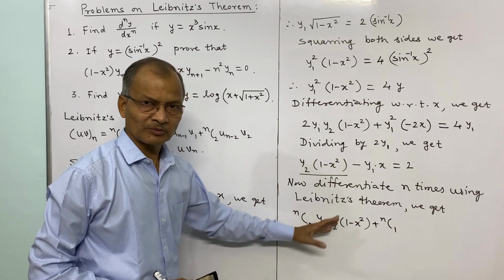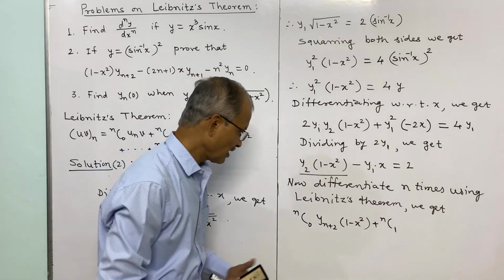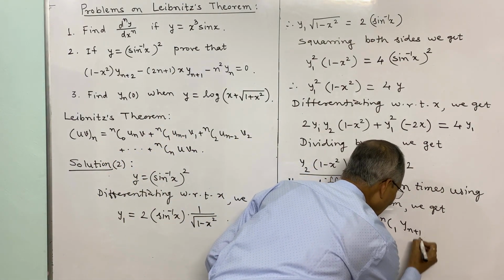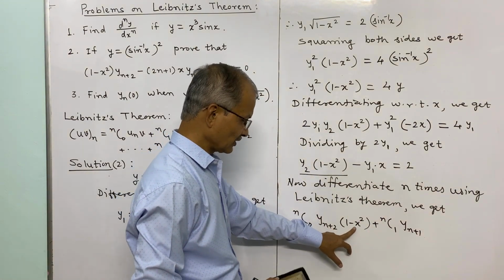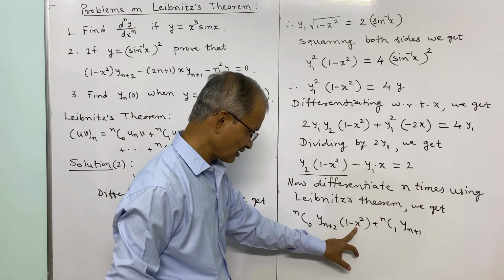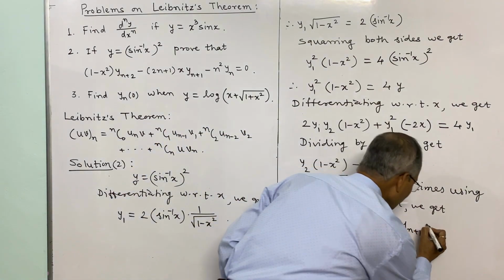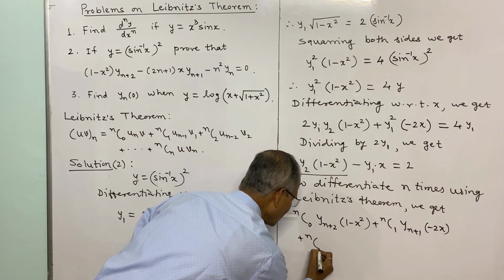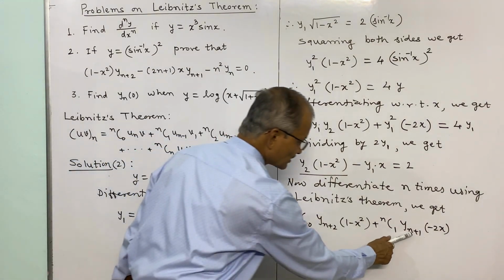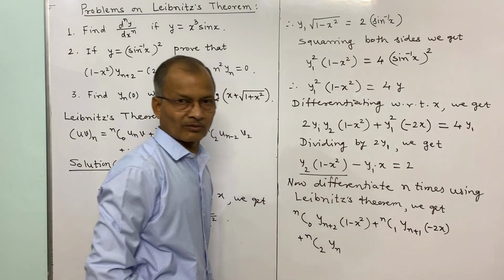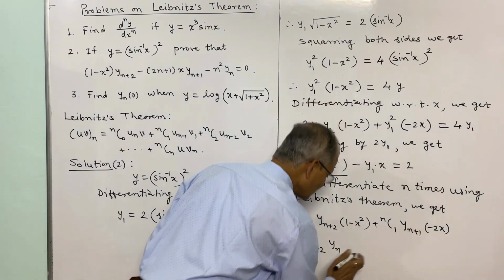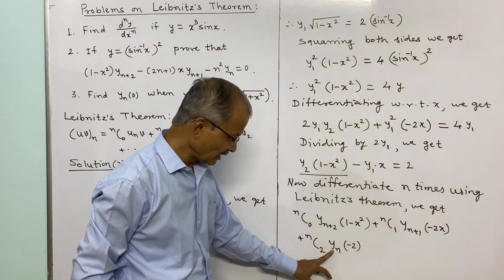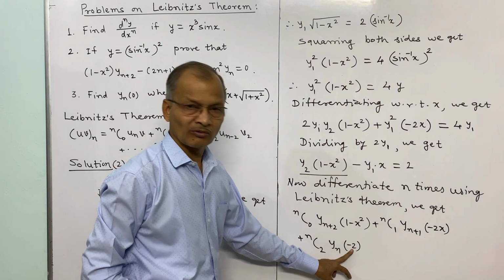We may write the binomial coefficients directly, that is 1, n, etc. So decreasing the order means it becomes y n plus 1, the n plus 1th derivative of y, and the derivative of this, 1 minus x square, that is minus 2x, plus the next binomial coefficient nc2, n choose 2, and decrease the order of the derivative, it becomes the nth derivative of y, and take the derivative of this, that is minus 2, and the further term will be n choose 3, decrease the order of the derivative, that is the n minus 1th derivative of y, and derivative of this, that is 0.